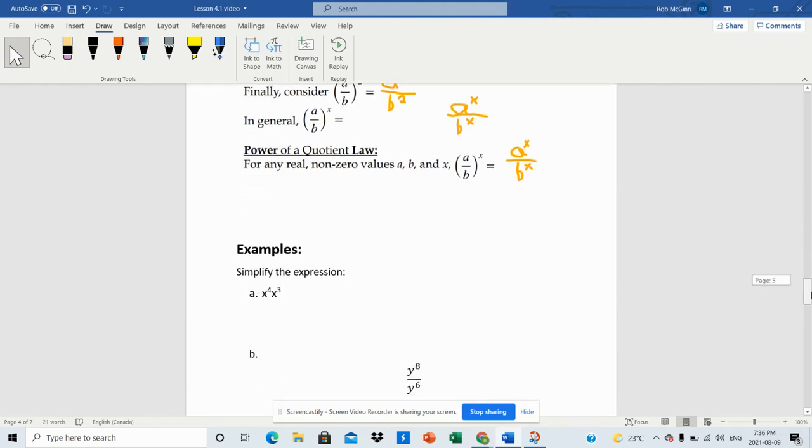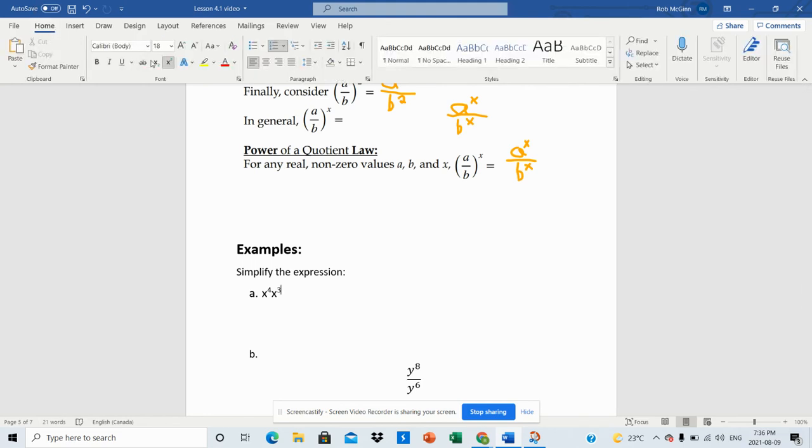All right, so we're going to simplify a couple of expressions here. We have x to the fourth times x cubed. And in this case, we have the same base. We're multiplying our exponents, so what we're going to do here is keep our common base, raised to 4 plus 3.